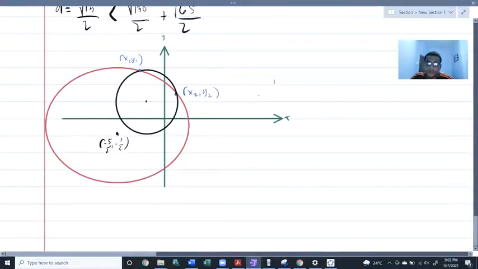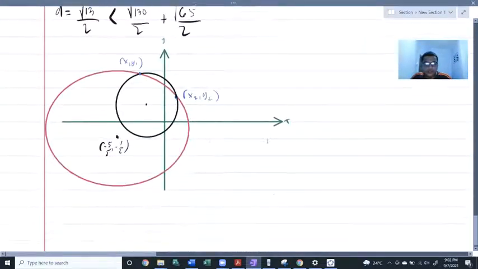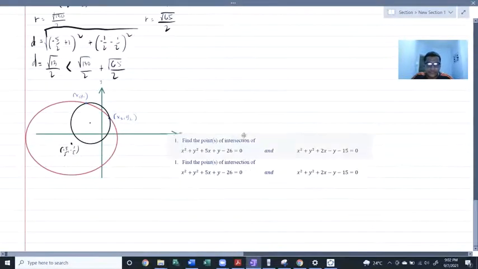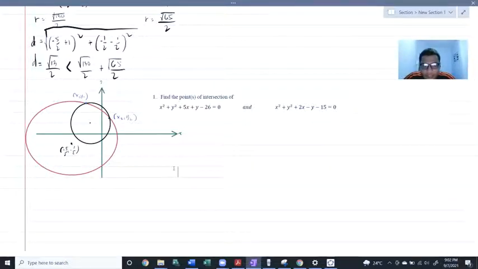So, let's now solve the problem. Okay, balik kunin ulit natin to. Suppose ito na to. Ito na yung equation natin. How can we solve for the points of intersection? If you remember, class, in our module 1, how did we solve the point of intersection of two lines?